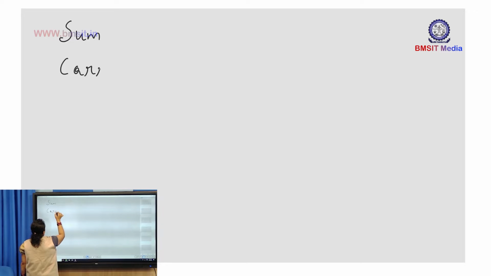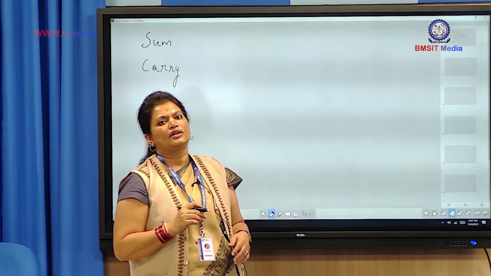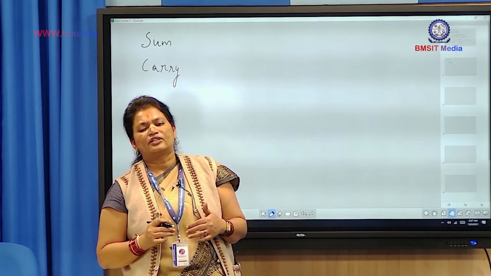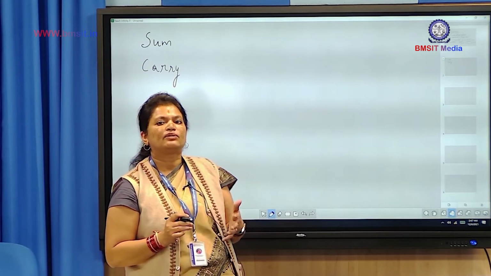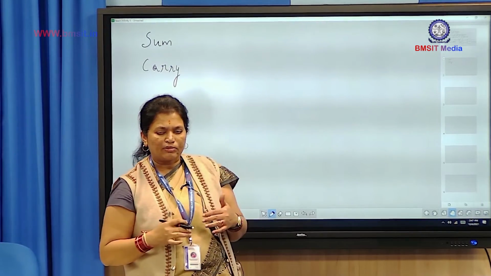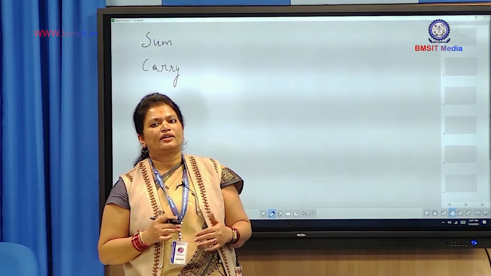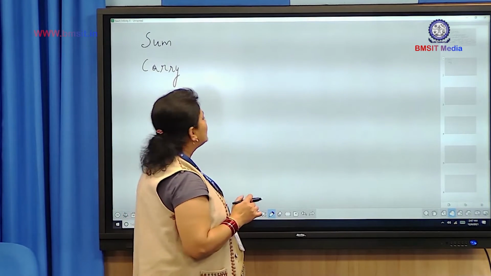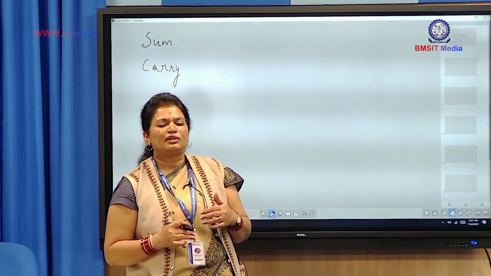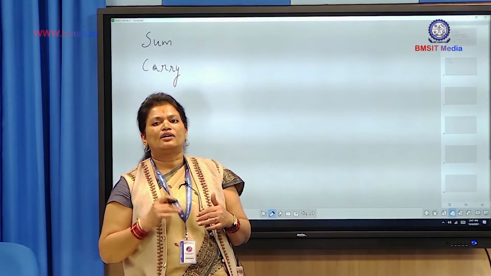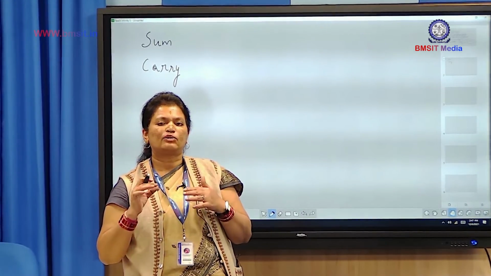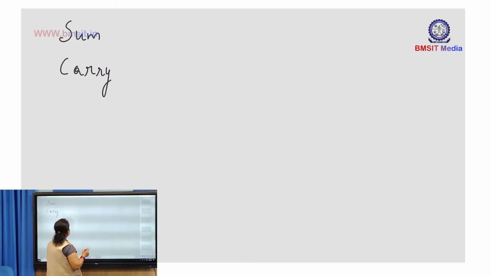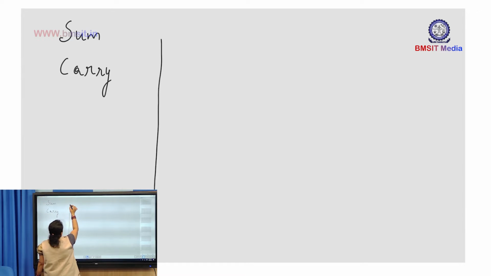Since full adder has three inputs, you can have 8 different combinations of inputs, and for all these 8 combinations you will get sum and carry. So let us construct the truth table which has all possible combinations of inputs and the outputs, sum and carry. From the truth table we are going to write the logical expressions for sum and carry.